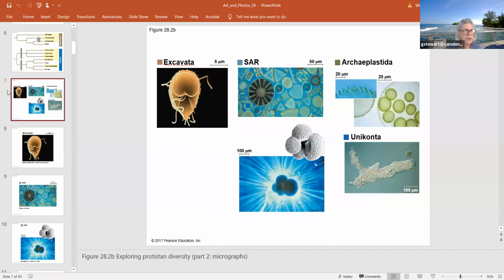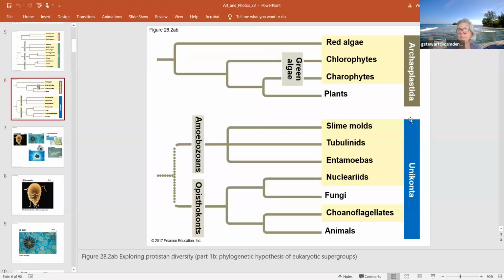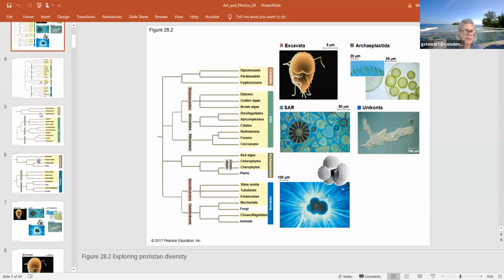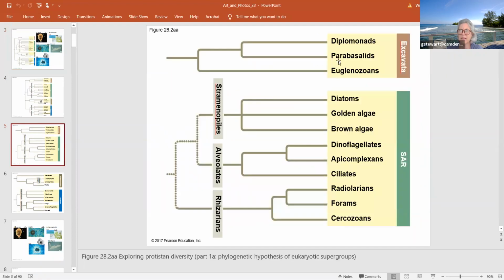Another important group, I'm going to keep coming back to this original slide here, or this breakout. So the Giardia are diplomonads. The parabasalids are going to include Trichomonas, which is another parasite of humans that can cause disease.